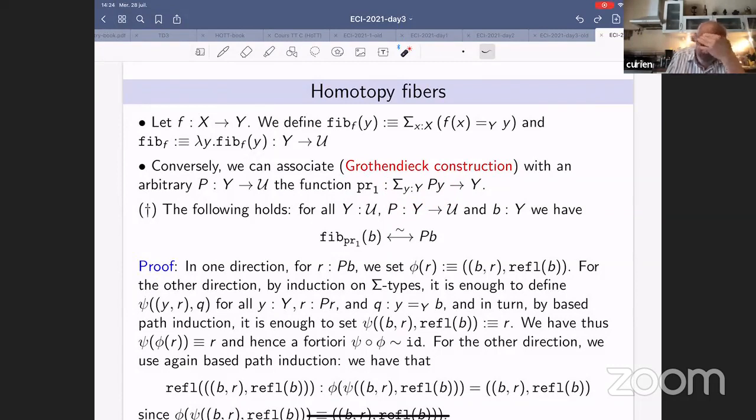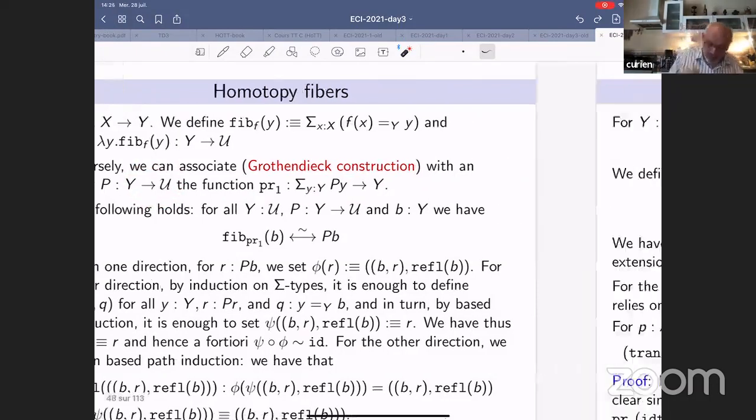So the inhabitants are a pair of an inhabitant of Y and an inhabitant of the type P y. And this type is equipped with a function that goes to Y, which is just the first projection. So you see that from a type family indexed by capital Y, I can get a function into Y.